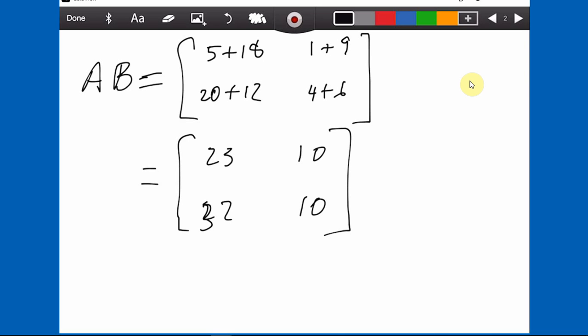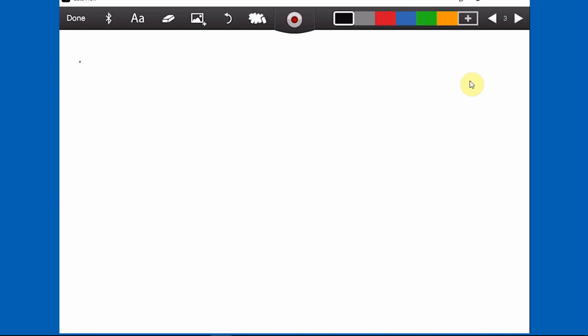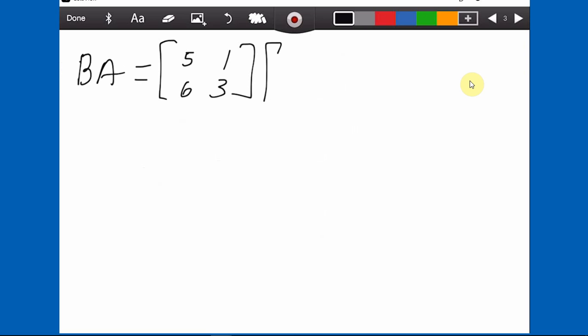All right, so I'll do some more examples and point out some things on the way. So we've done A times B. How about we do B times A and have a look at that? So B is 5, 1, 6, and 3, and A is 1, 3, 4, and 2.